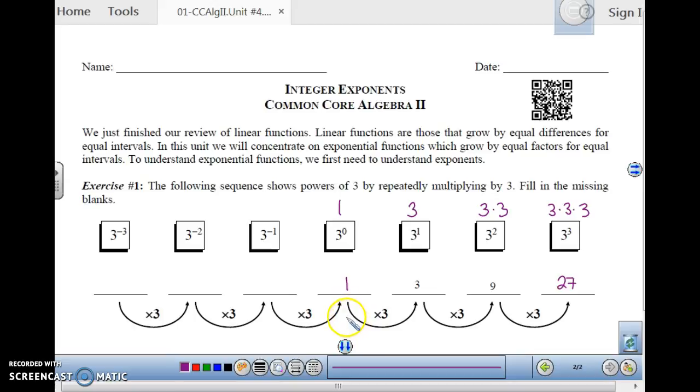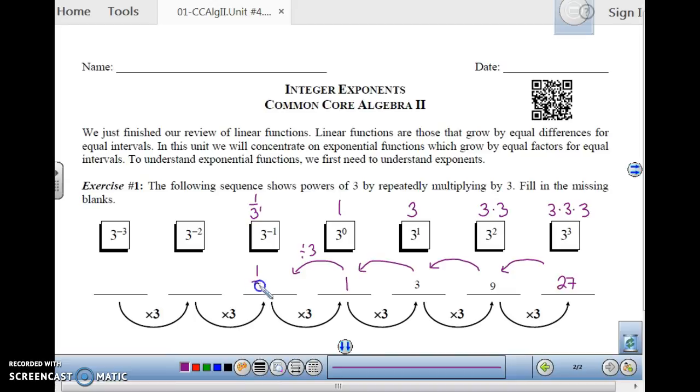Okay, so if we're working backwards, or working through here, we're multiplying by 3. What if we're going in this direction? What are we doing? We are actually dividing by 3. So if we are dividing by 3 here, as we go into the negative area, this could actually be rewritten as 1 over 3 to the 1.